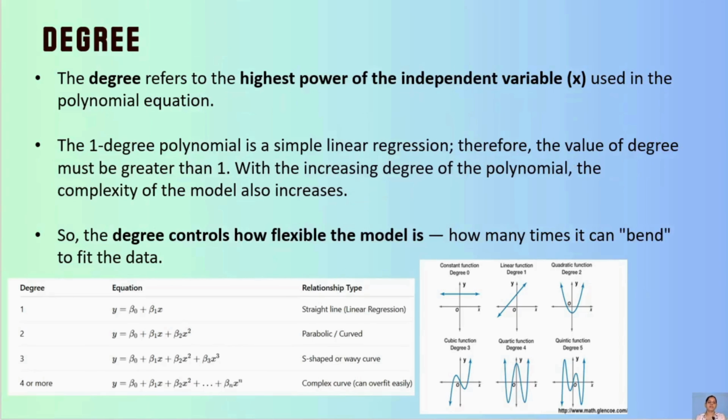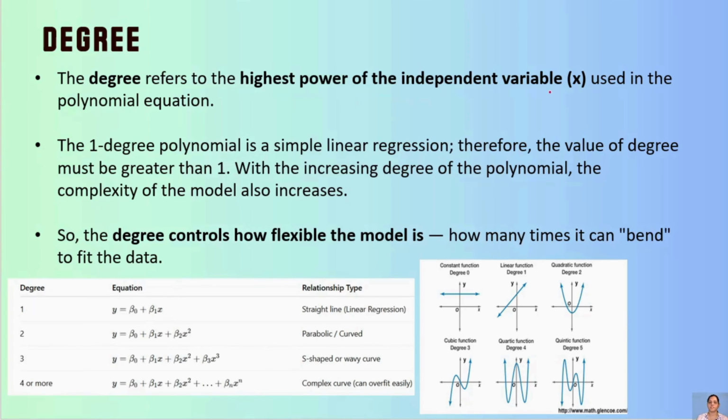Then we will understand what is a degree. When we are talking about polynomial, degree is coming into picture because we are telling that we are drawing the curve on nth degree, right? So what is a degree here? When we are talking about degree, that is the highest power of independent variable which we are considering in our polynomial equation, right?